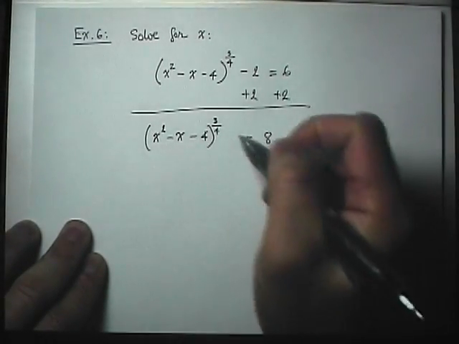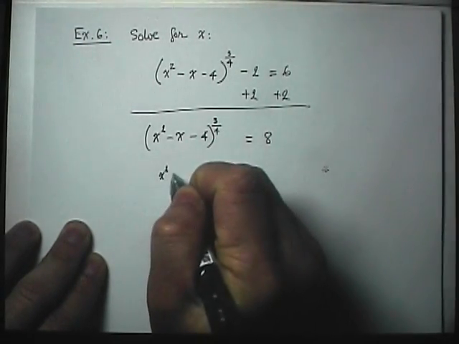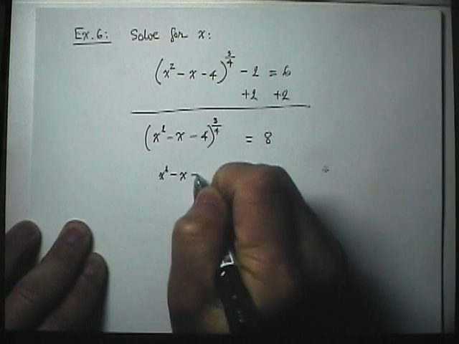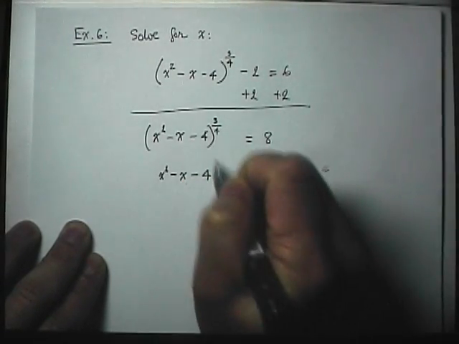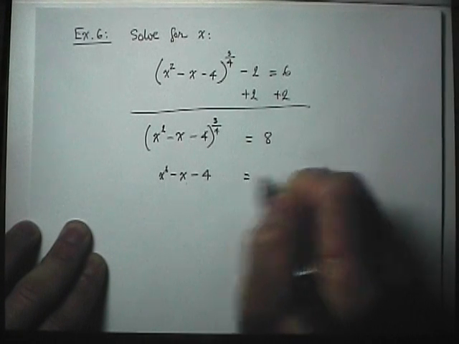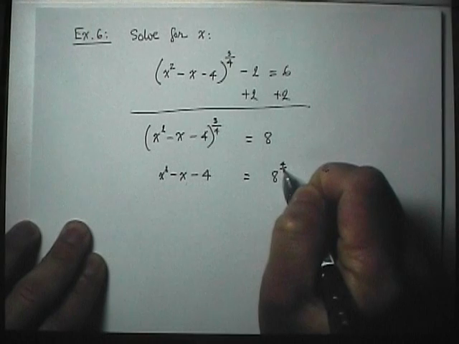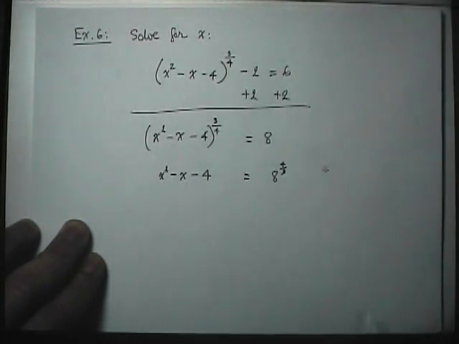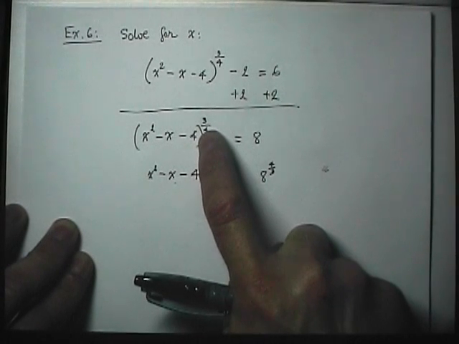And so now, to solve for it, I'm just going to rewrite, copy down the expression x squared minus x minus 4 without the rational power, and it equals, now the number on the other hand side, 8 raised to the 4/3 power.